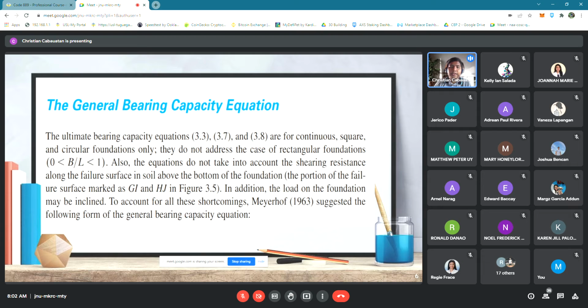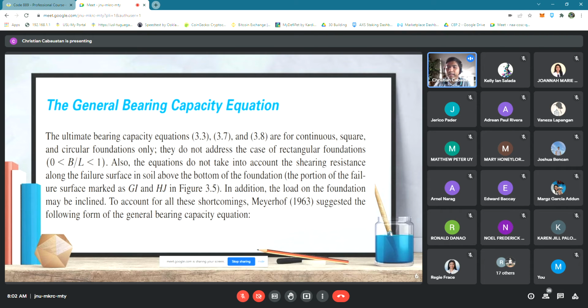The equations also do not take into account the shearing resistance along the failure surface in soil above the bottom of the foundation. In addition, the load on the foundation may be inclined. So, meron na rin si inclination niya.